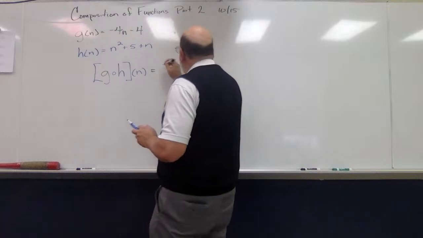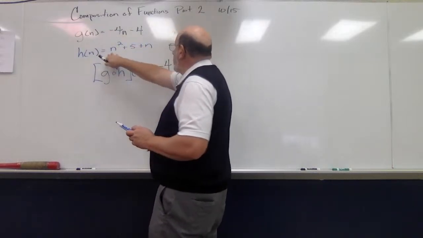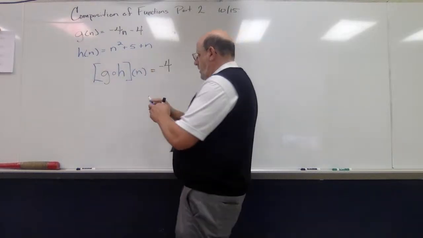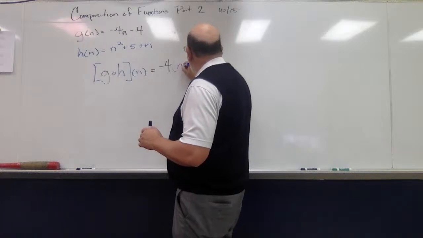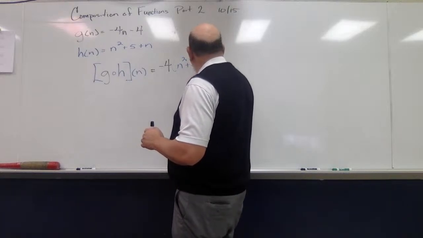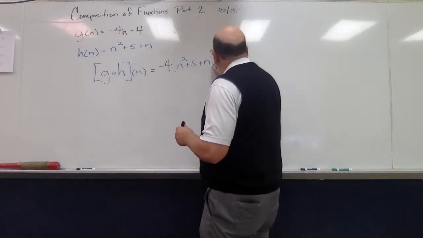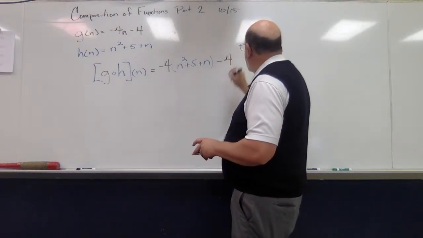So here's g. It's -4, there's an n there, and what am I going to replace it with? The blue. So I just stick the blue in here: n squared plus 5 plus n, and then close it. Then we'll subtract the 4 on the back side.